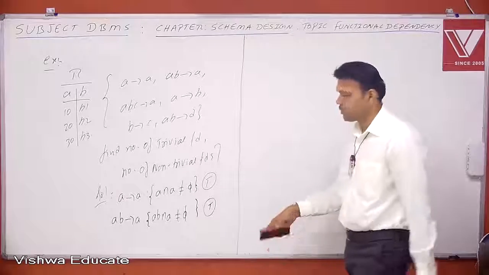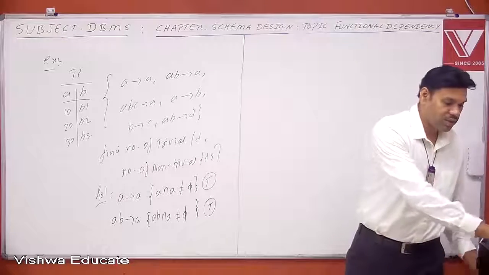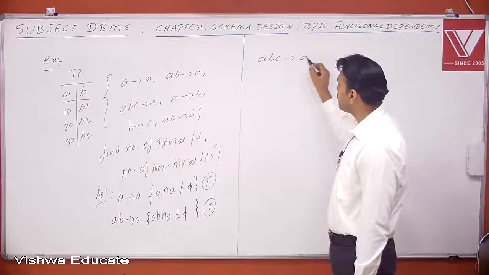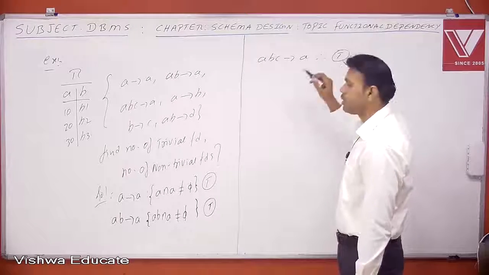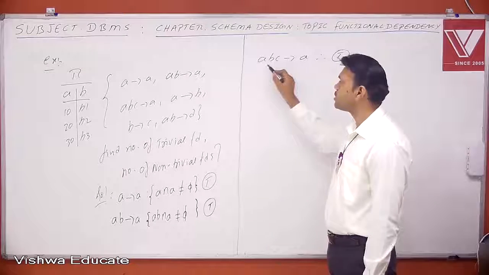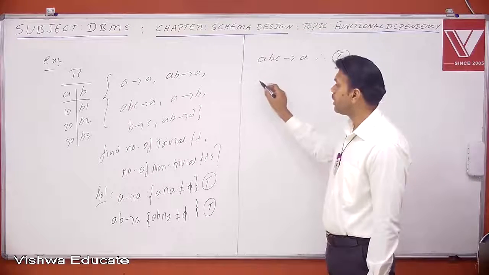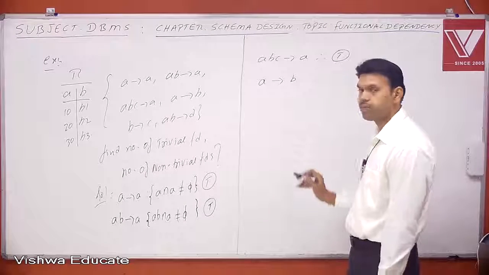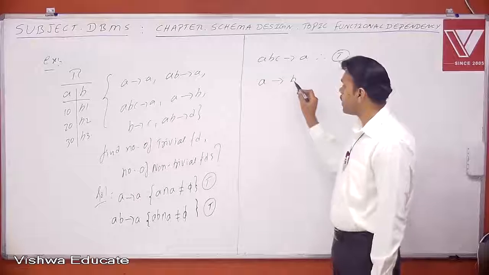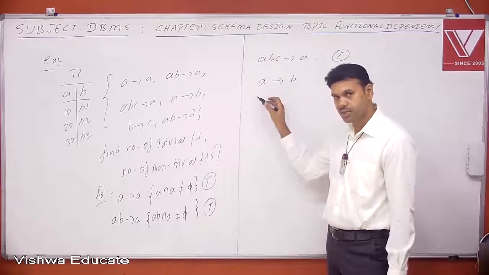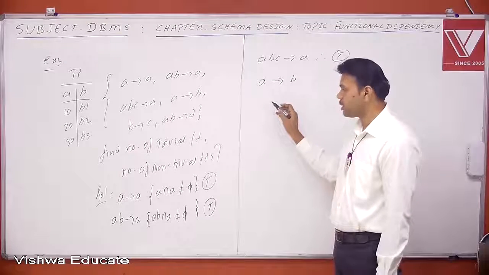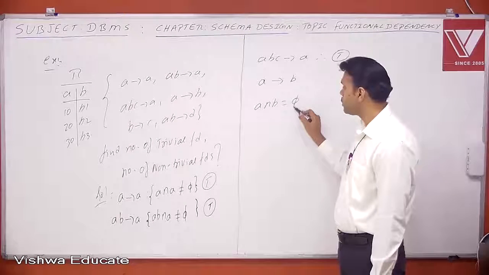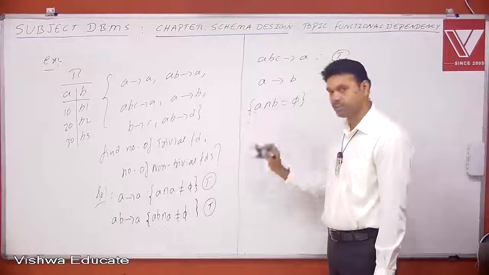So likewise, if you observe the given dependencies, how many are trivial and how many are non-trivial? Already we understand 2 come under trivial, and the next one we point out is also trivial. Why? RHS is a part of LHS. The next one needs careful observation. What I said: RHS is not part of LHS, and one more condition. What is the one more condition? A intersection B is equal to what? Phi.